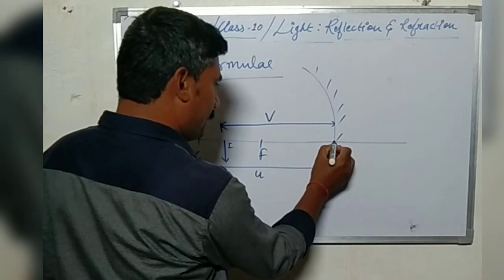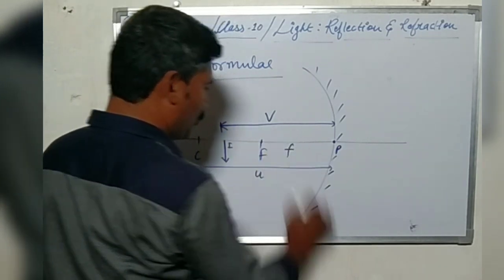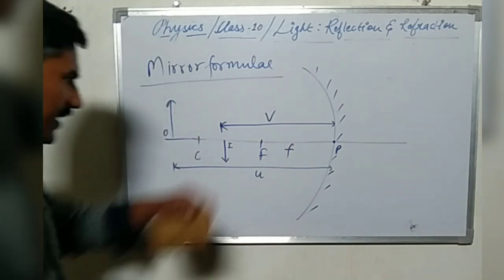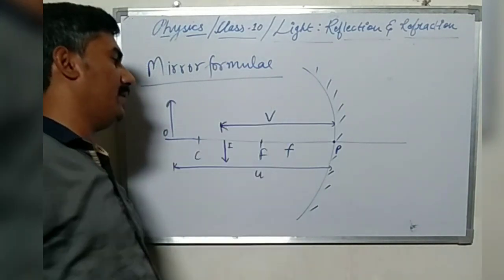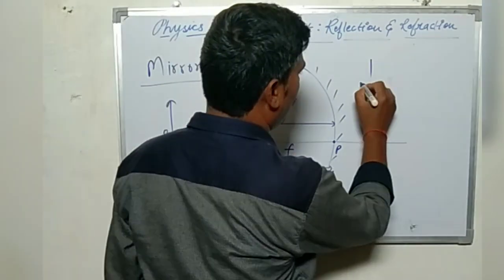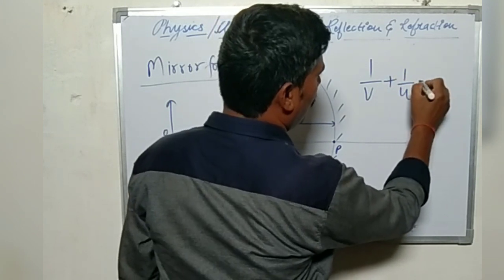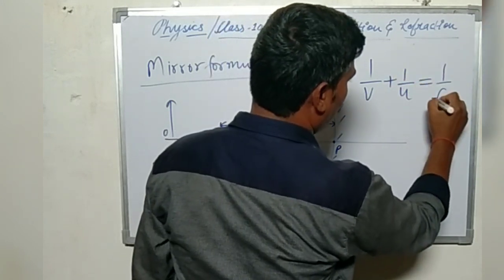The distance between the pole and the principal focus is the focal length and is denoted by F. The relation between these is 1 upon v plus 1 upon u equals 1 upon f.